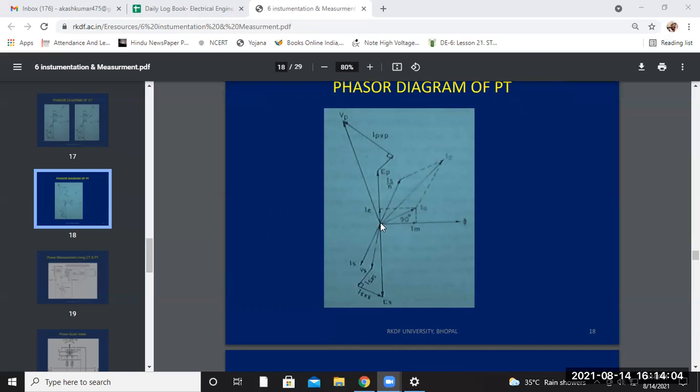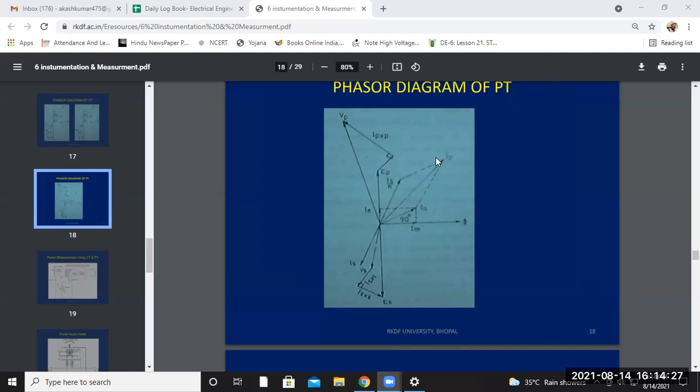Now from here, when you connect the exciting current, this is the primary induced EMF in the primary side of the potential transformer. Then IP is the primary current flowing. This is the load component referred to the primary side, or you can see the secondary number of turns: IS upon N is the load component.